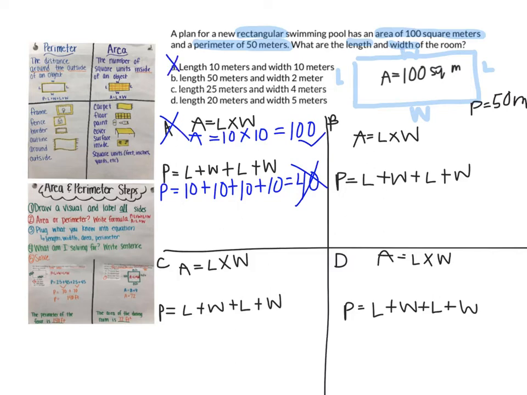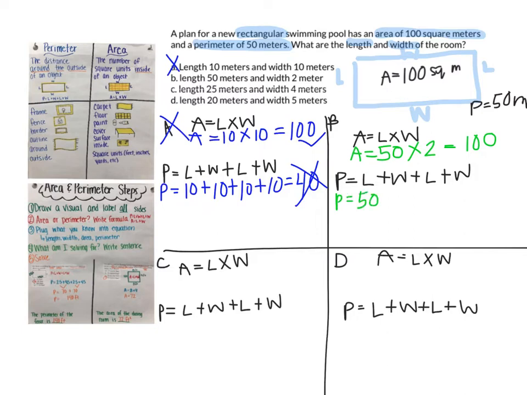Moving on to B. My length is 50, my width is 2, so I'm going to plug that into my formula. Starting with area. Area equals 50 times 2. 50 times 2 equals 100 square meters. Now looking at perimeter.